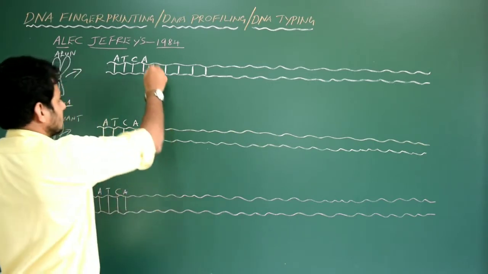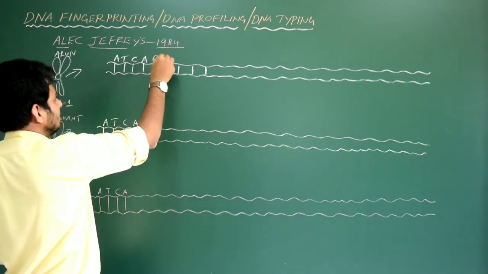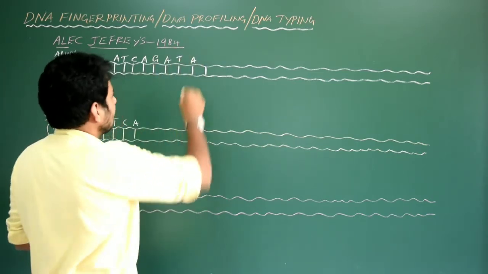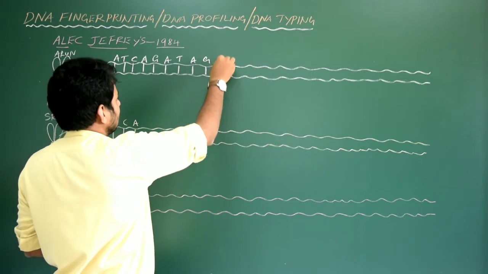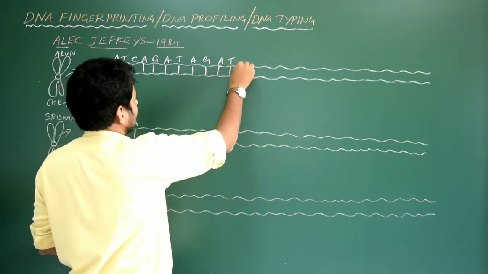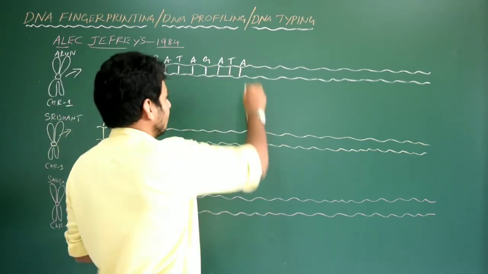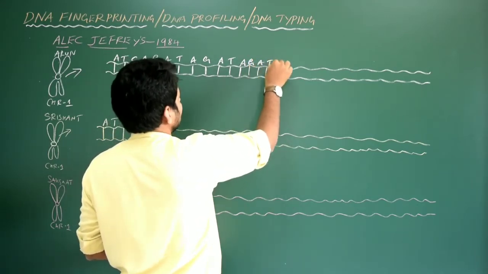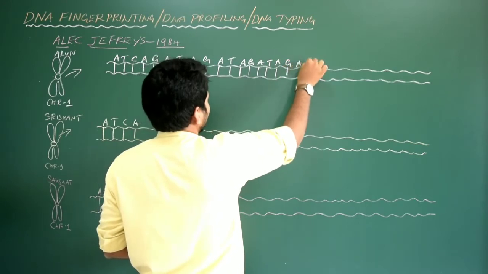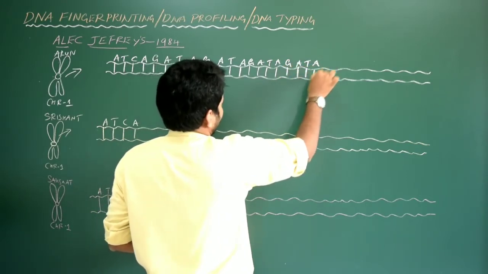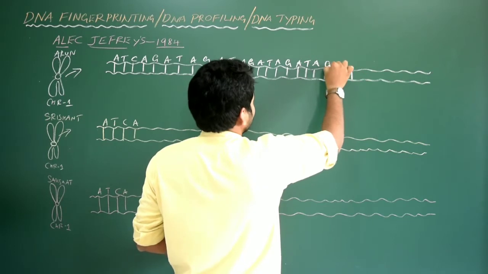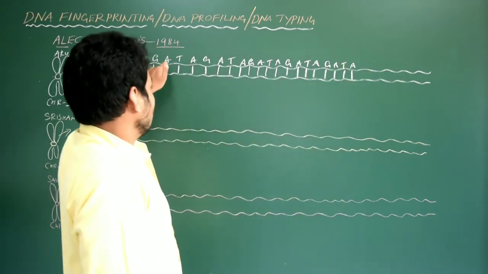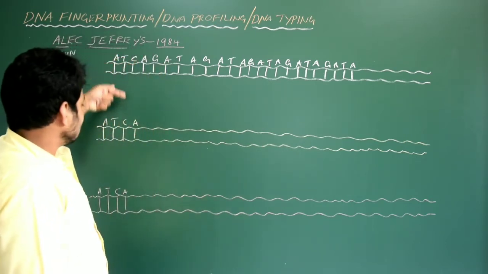Now from here onwards, let me write G, A, T, A. Let me continue: G, A, T, A, again G, A, T, A, again G, A, T, A. It is understood that ATCA is common.